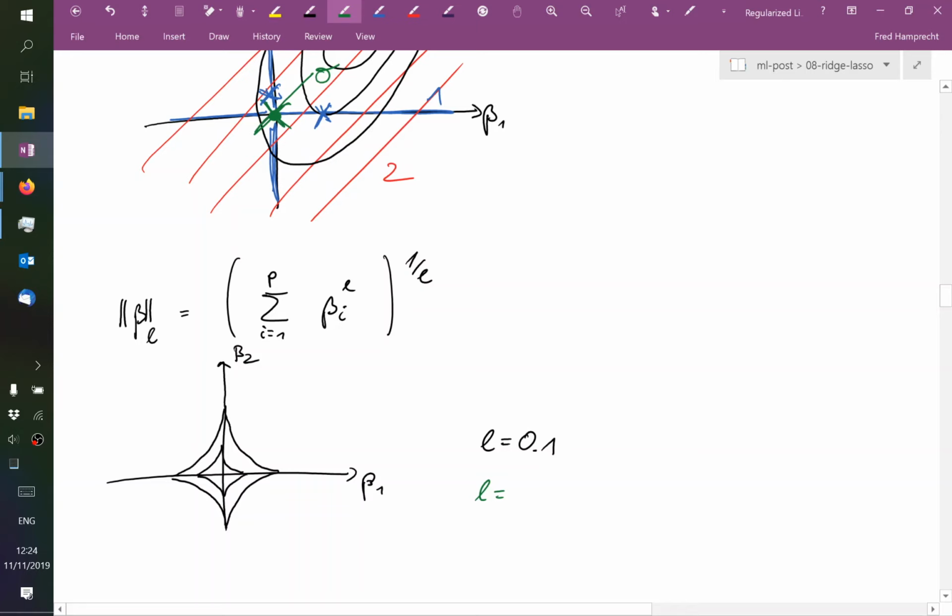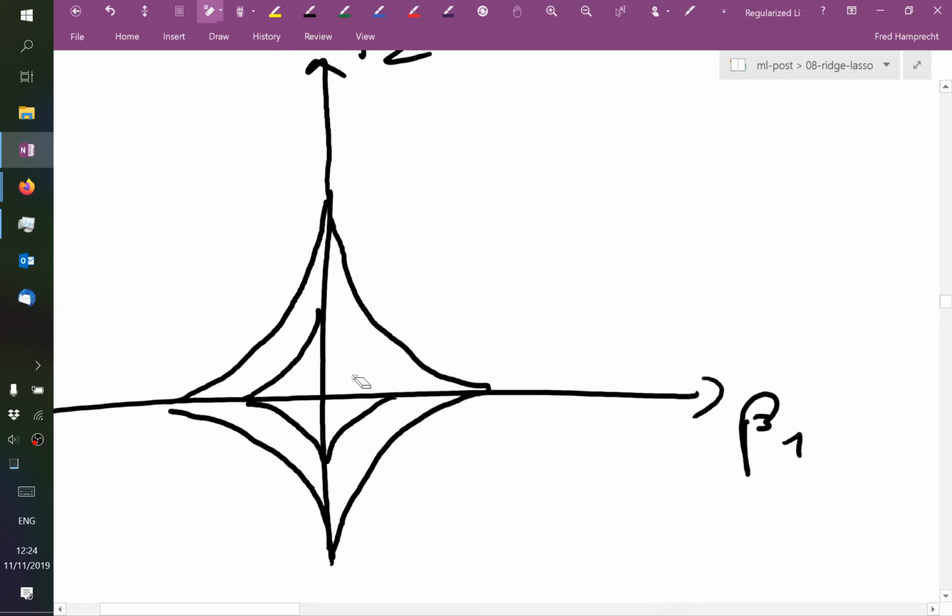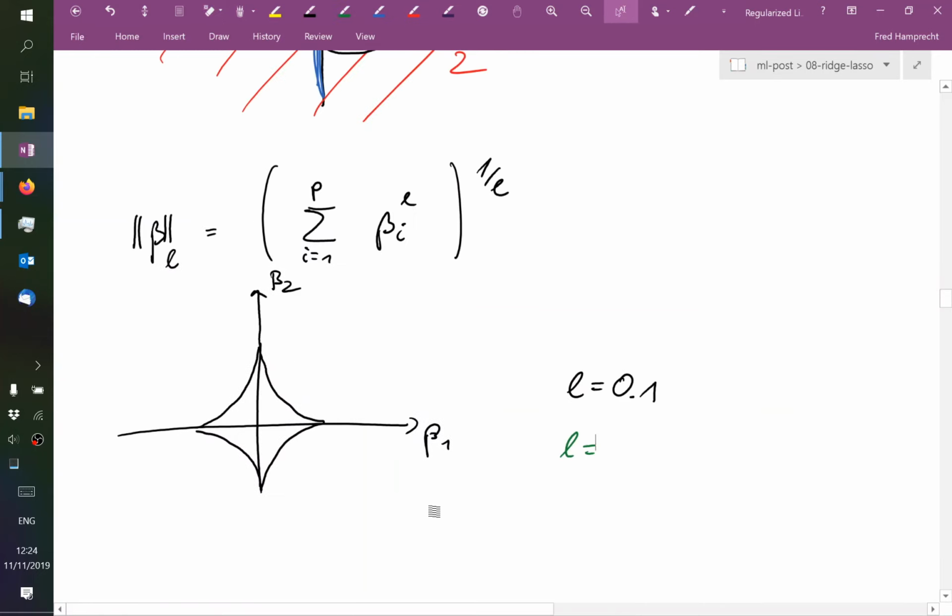Now, to simplify the plots, I'm going to draw only one of these isocontours, because otherwise it's going to be too messy. Then we have the L1 norm, where our isocontours look like that. We have, of course, the L2 norm, which would be a circle.